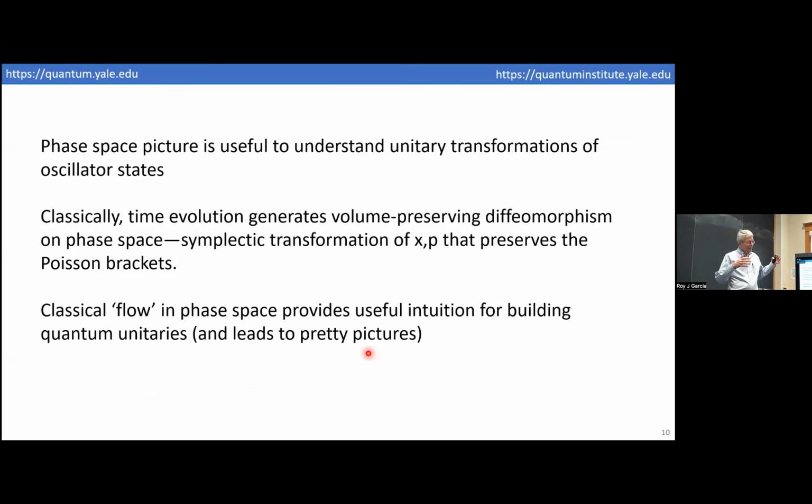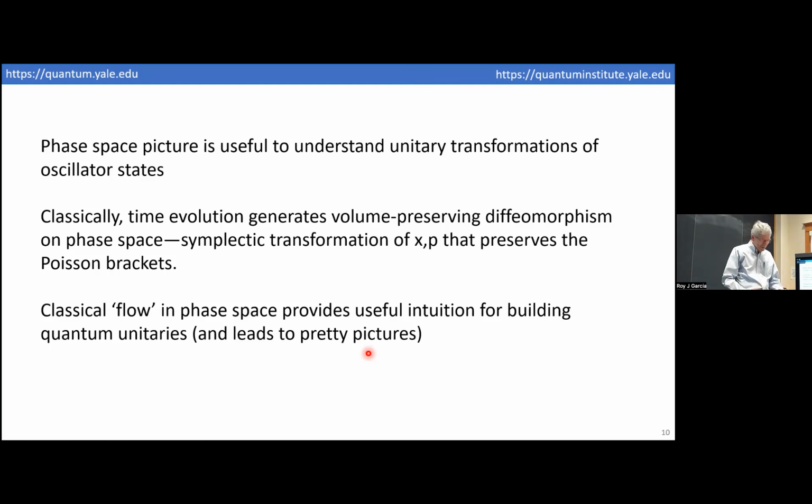Classically, the time evolution generates a volume-preserving diffeomorphism in phase space, and Liouville's theorem says phase space is incompressible. In terms of the coordinates x and p, it's a symplectic transformation that preserves Poisson brackets, or commutators in the quantum case.